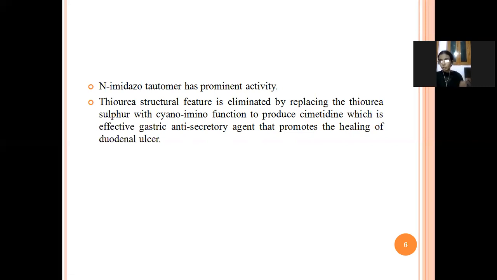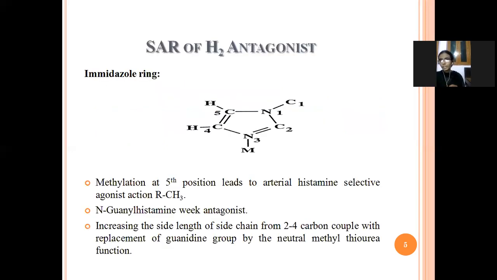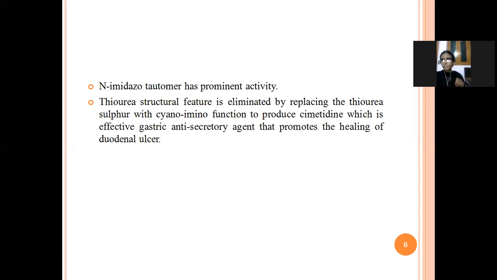It is used to reduce the release of acid in the stomach and is used in the treatment of ulcers. To recap the SAR: in the fifth position, methylation increases the activity; guanyl histamine is a weak antagonist; increasing the carbon chain length in the second and fourth positions also increases the activity; and if the thiourea is replaced with the cyanoimino group, cimetidine comes, which is used in the treatment of ulcers.